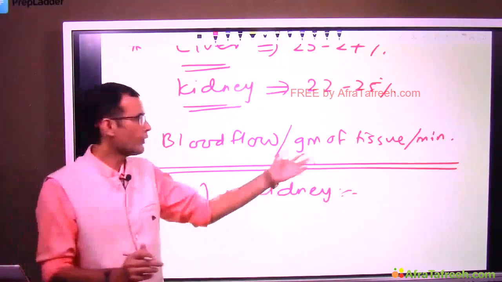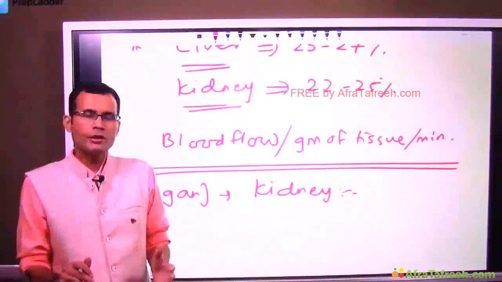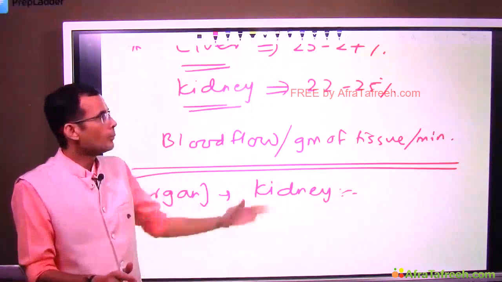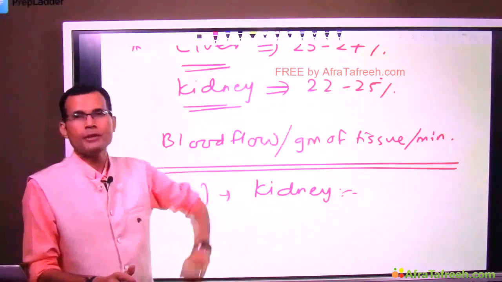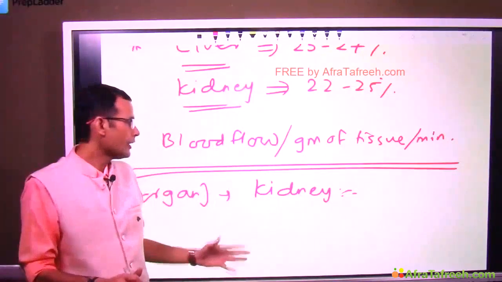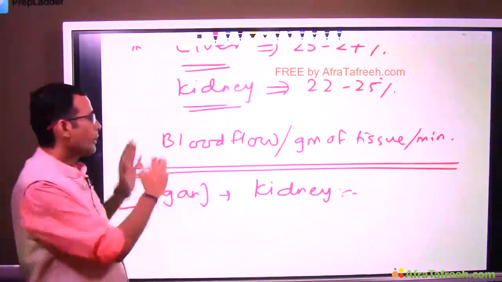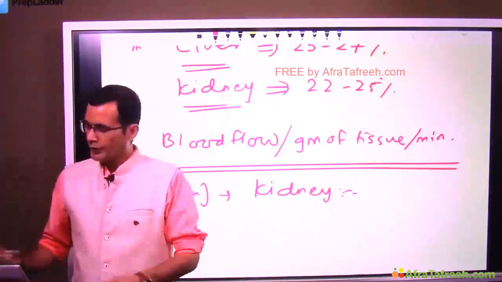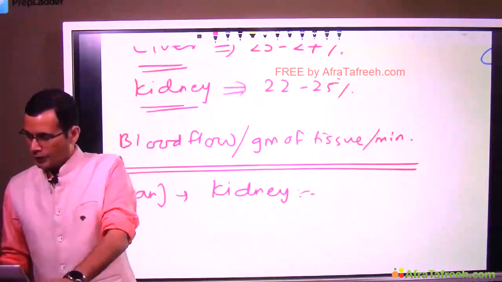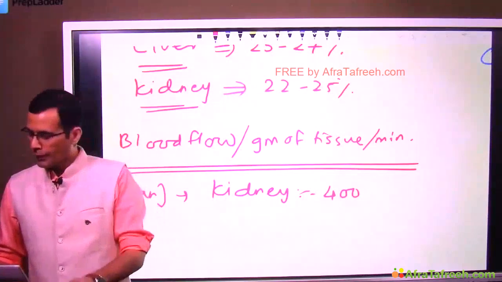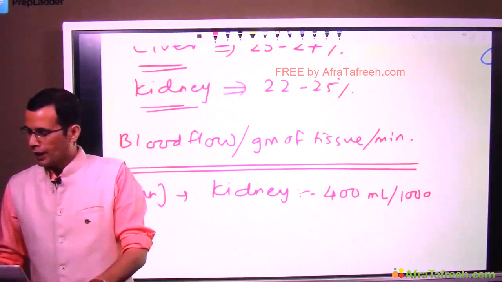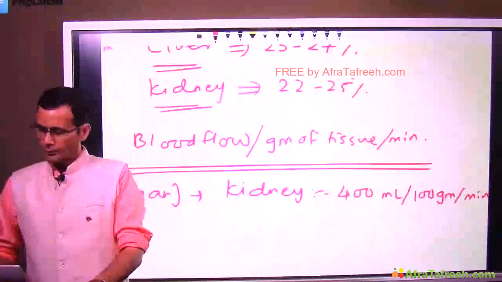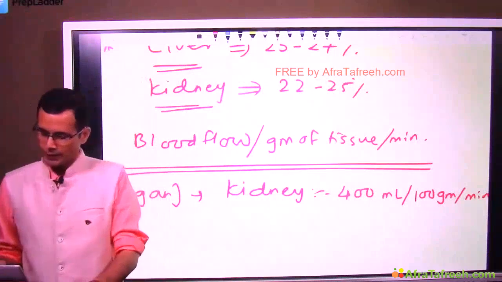And it's very obvious, because kidney weighs only 1 to 2% of the total body weight, but it is taking almost 25% of the blood flow. So naturally, the blood flow per 100 gram of that tissue per minute will be very, very high in the case of kidney: 400 to 450 ml per 100 gram of tissue per minute. So if we are looking at an organ, kidney has no comparison.